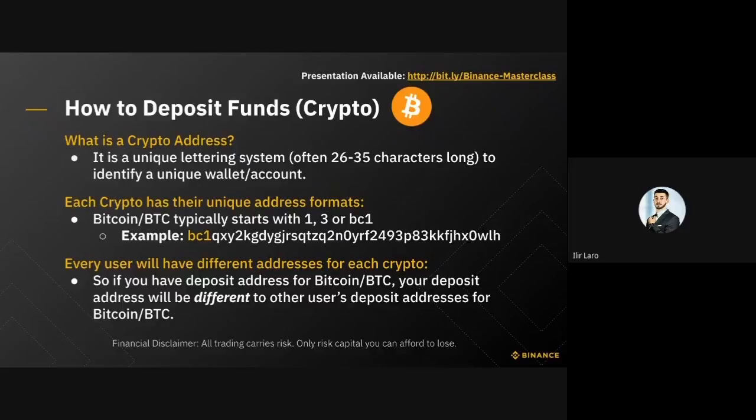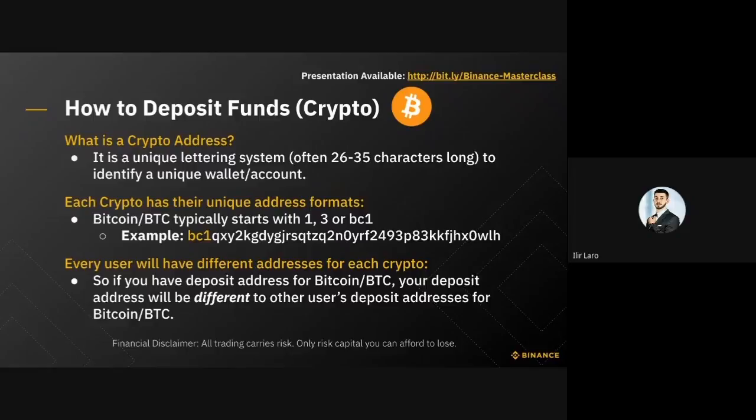You can think of it, 26 to 35 characters long, as similar to the long number on a bank card. Actually, that's 16 digits, so this is roughly 10 more characters longer. So essentially, it's a unique identifier to each individual account.